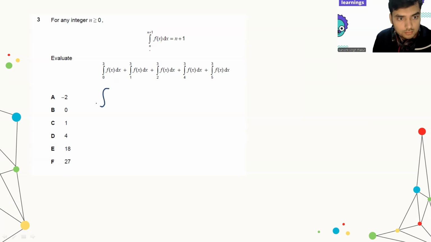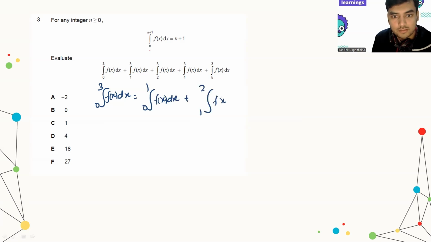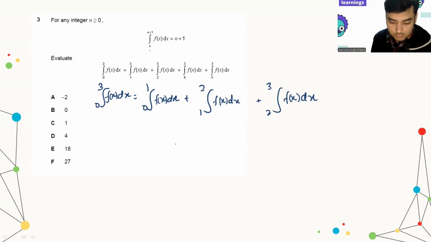So 0 to 3 f(x) would be 0 to 1 f(x) dx plus 1 to 2 f(x) dx plus 2 to 3 f(x) dx, isn't it? This would be 0 to 3, right? For 0 to 1, I put n equal to 0 and I get 1, isn't it? Then for 1 to 2, I put n equal to 1 and I'll get 2. Then for 2 to 3, I put n equal to 2 and I'll get 3, isn't it?